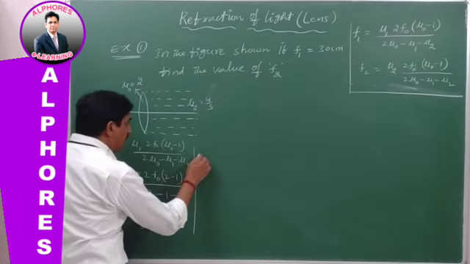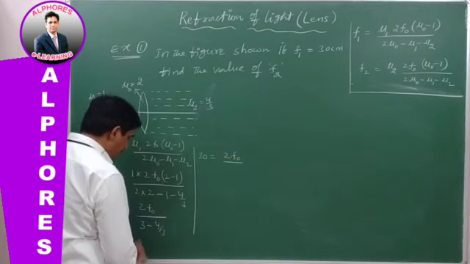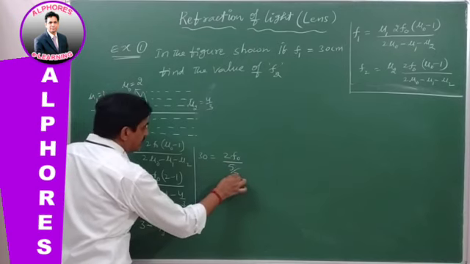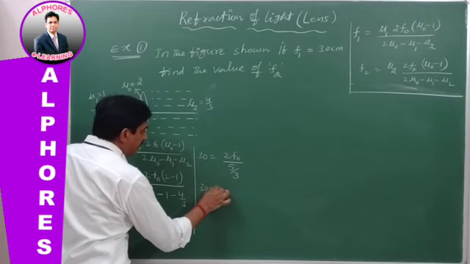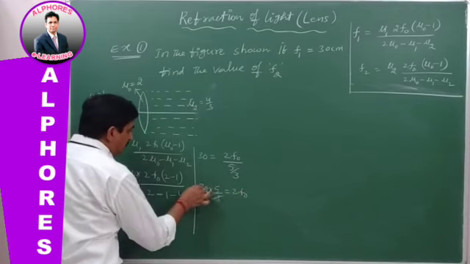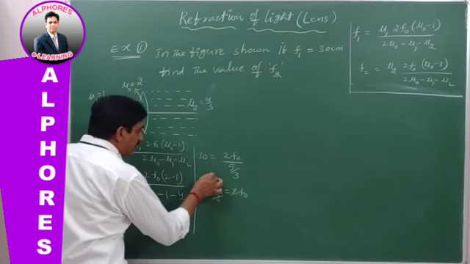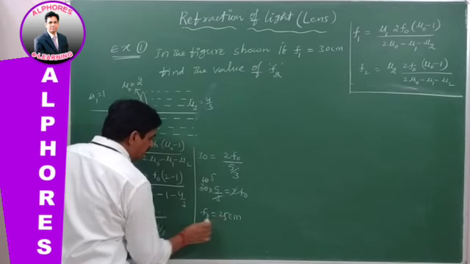Simplify this one, 30 is equal to 2 f naught by, 9 minus 4, 5 by 3 remains. Now 30 into 5 by 3 is equal to 2 f naught, then 3 10 and 2 5. Then f naught is equal to 25 centimeters.